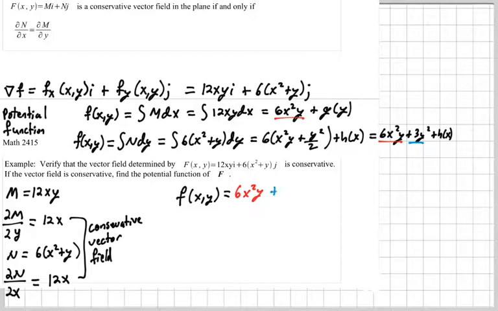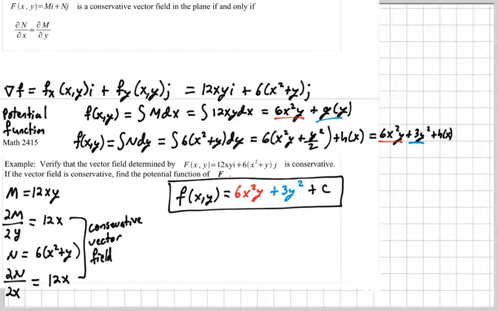Okay, so we'll need that as well, and then we'll have our constant of integration there. You can think of this g of y as this 3y squared here, and then possibly another constant, like plus 5 or something like that. Okay, so we have our potential function.